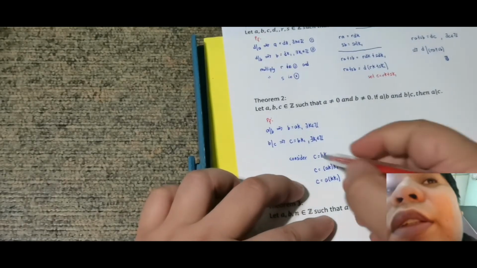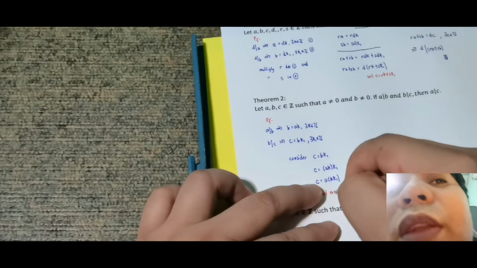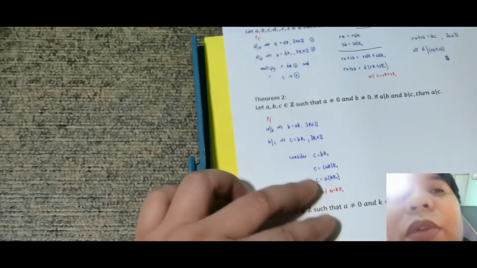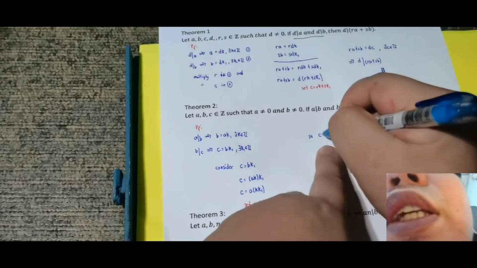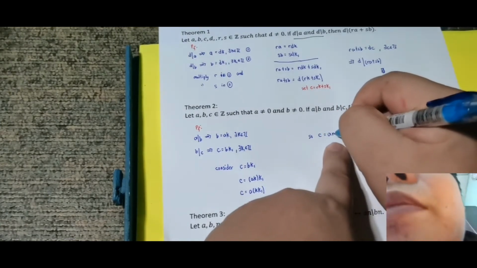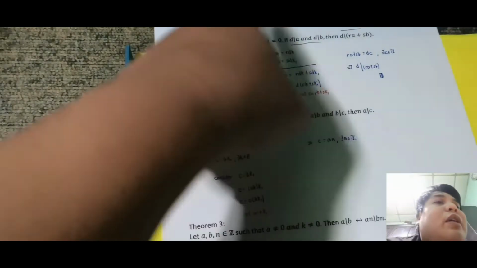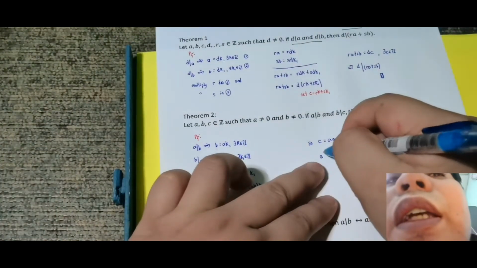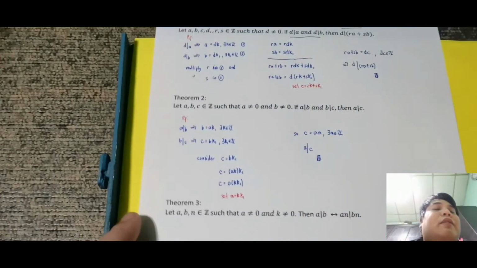Then set lang natin M to be K and K sub 1. So we have, ito na, C is equal to AM for some M element of integers. Then by definition of divides, A divides C. Okay, and that is done.